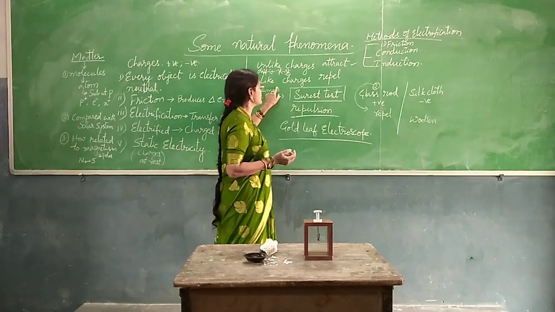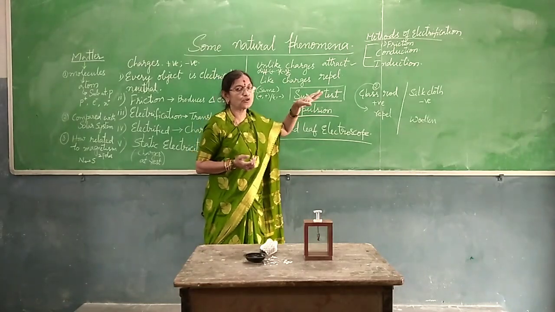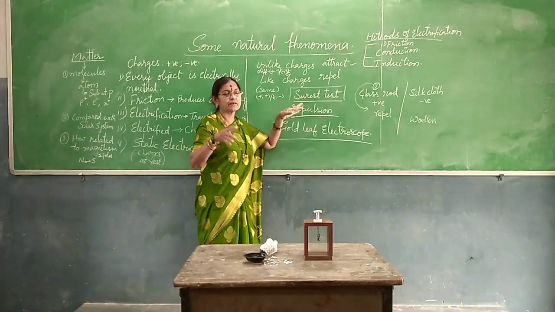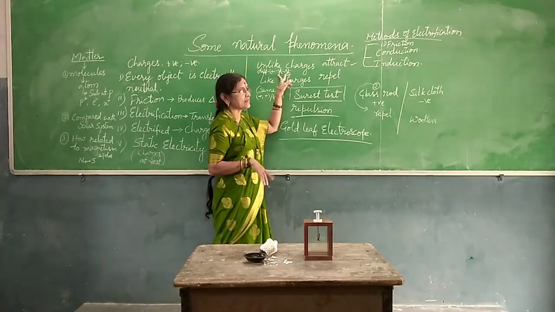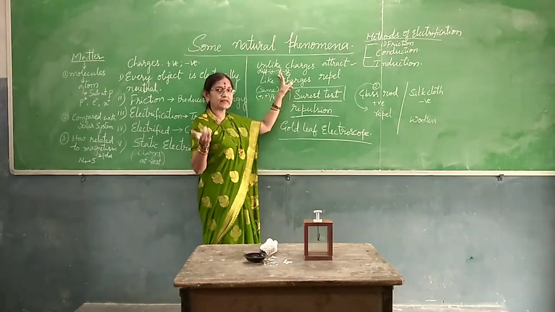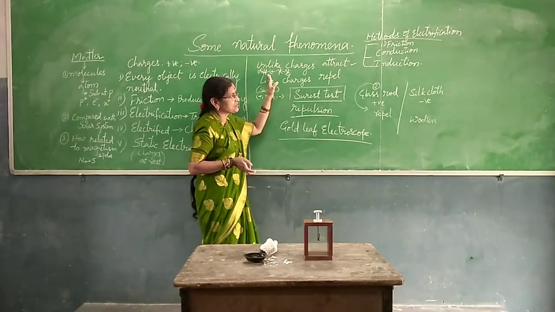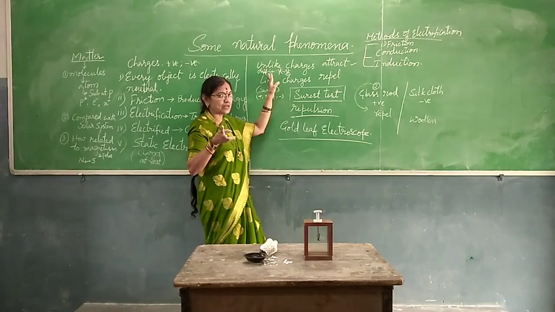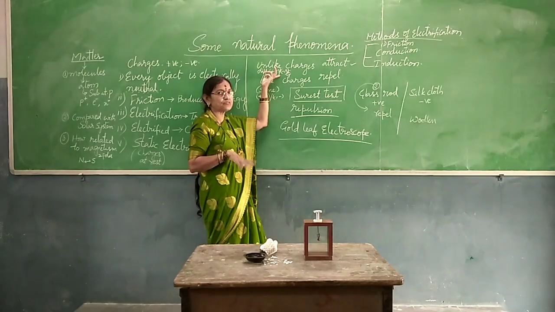If they contain different charges, they will attract. But here in this case, they are repelling. Suppose you rub a glass rod with silk cloth and an ebonite rod with woolen cloth and bring them near each other, they will attract. So there are two cases of attraction: one is electrified and the other is not electrified, or the two bodies possess unlike charges because you are electrifying them with different things.